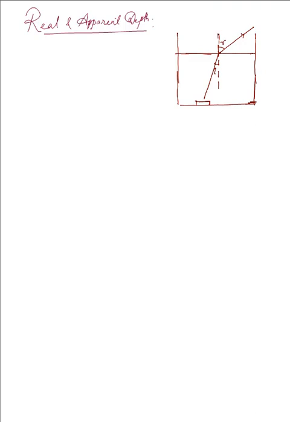As a result of that, one of the rays probably may be considered along this line, and as this ray is considered to be coming straight to an observer who would be viewing like this, he would think as if the coin is probably present over here.